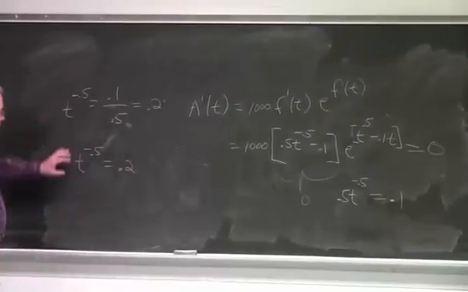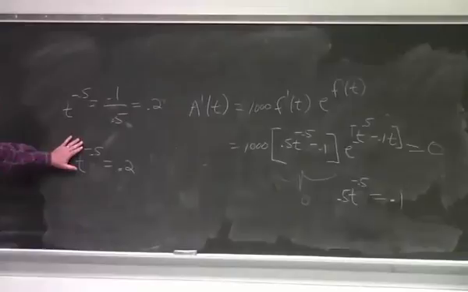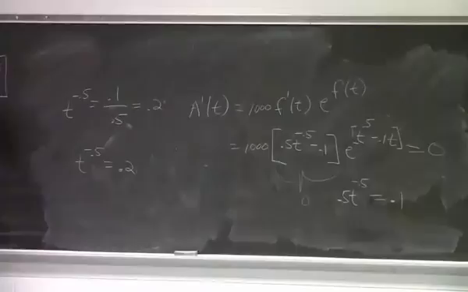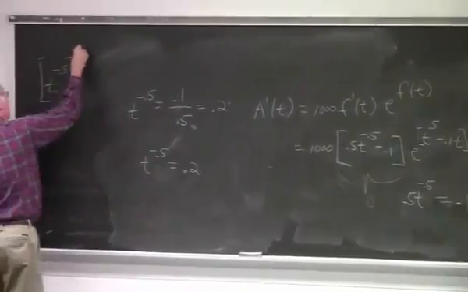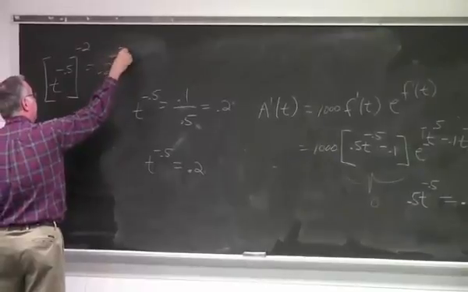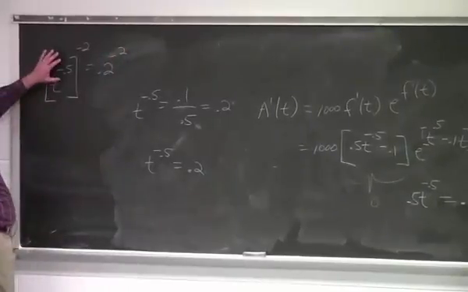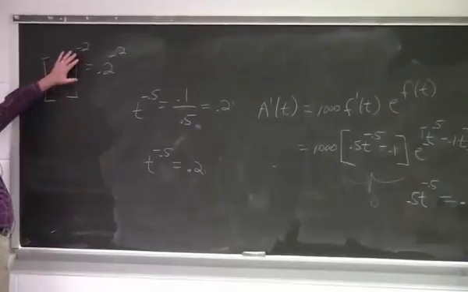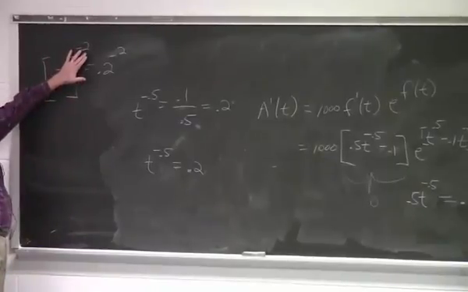We want t, so we raise both sides of this equation to the minus 2 power. So we get t to the minus 0.5, all of that raised to the minus 2 power equals 0.2 to the minus 2 power. Now, this rule for exponents, when you have an expression like this, you multiply the exponents.